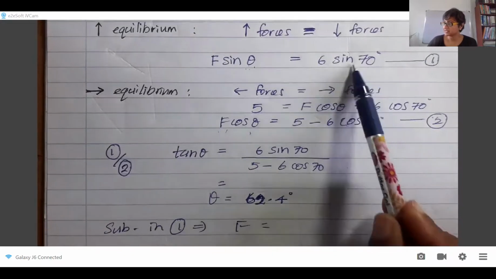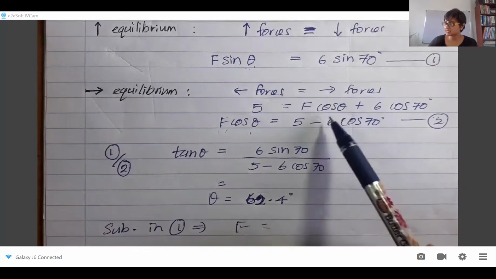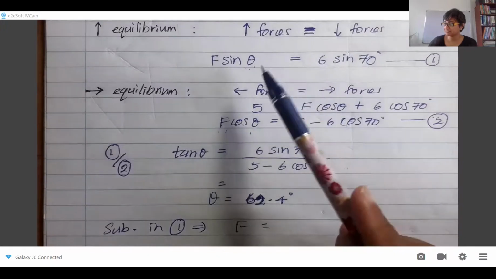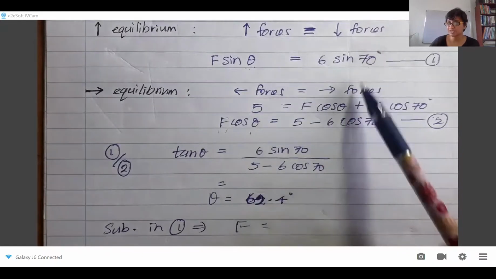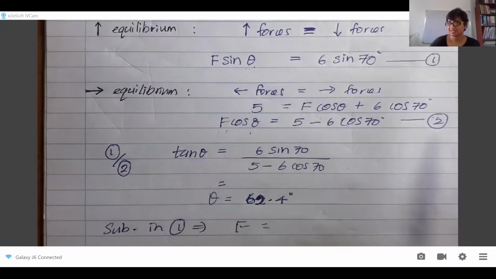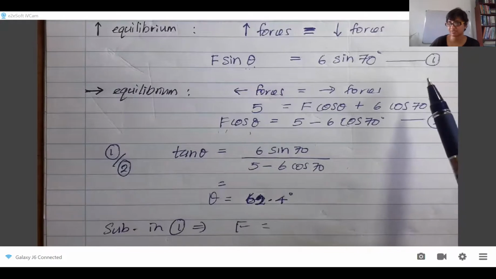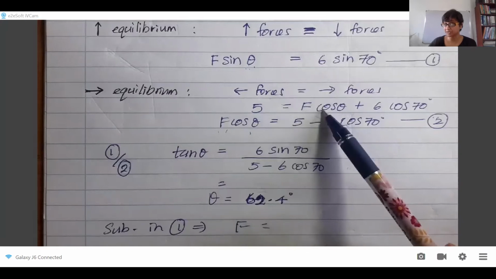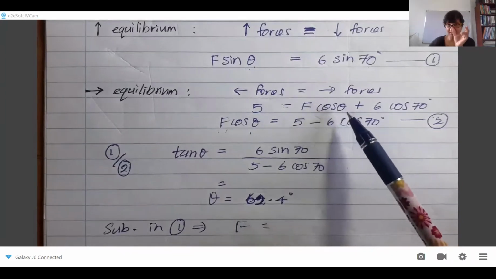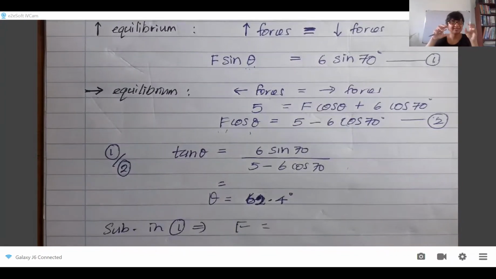If you didn't notice that the f sine theta and the f cos theta here could be divided to give a tan theta, then solving these two might be a little challenging because it doesn't have the normal form of a pair of simultaneous equations. F and theta are in the same term. The two unknowns are in the same term. They are not two terms.